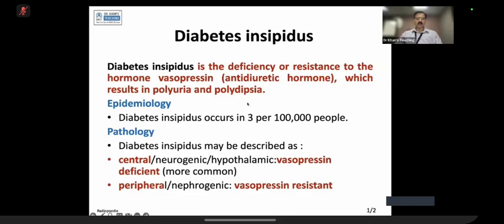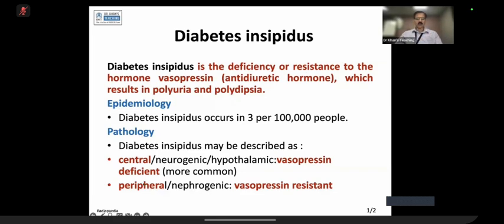So what is diabetes insipidus? In this condition, there can be deficiency or resistance to vasopressin, which is the ADH or antidiuretic hormone, which results in what? Polyuria and polydipsia. There are two types. One is central and the second one is peripheral.